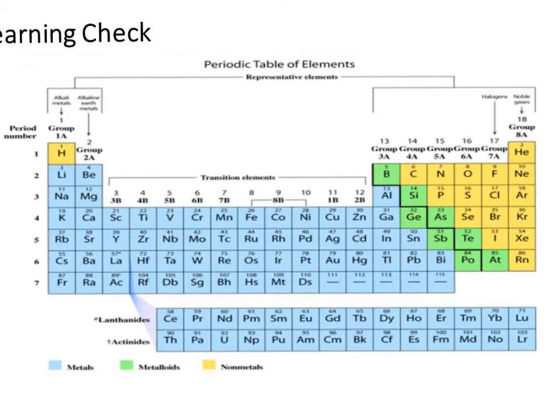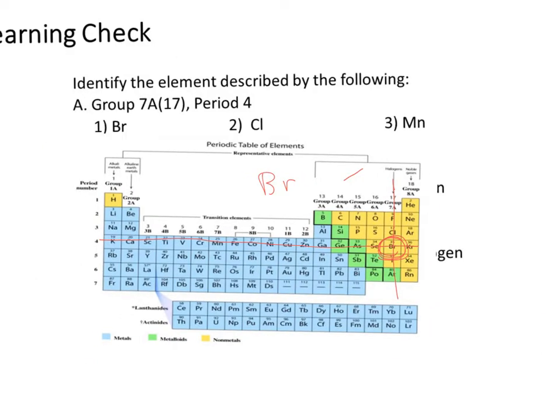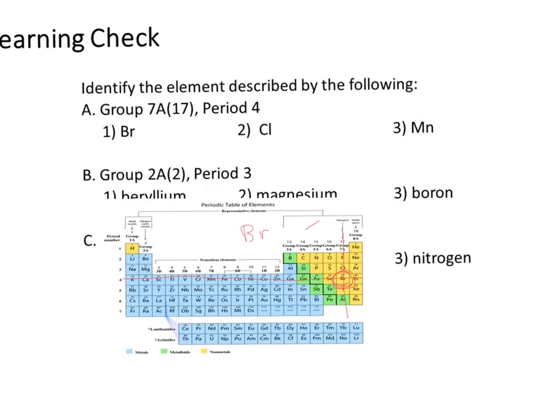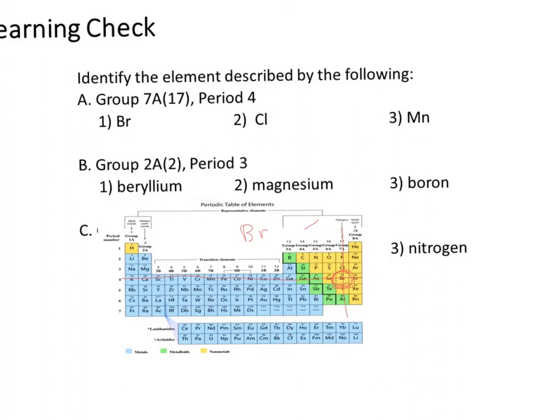So I'm going to find period 4. Now I'm going to find group 7A. And that gives me bromine. Let's see if the answer is bromine there. And I look, and there it is. There's bromine.